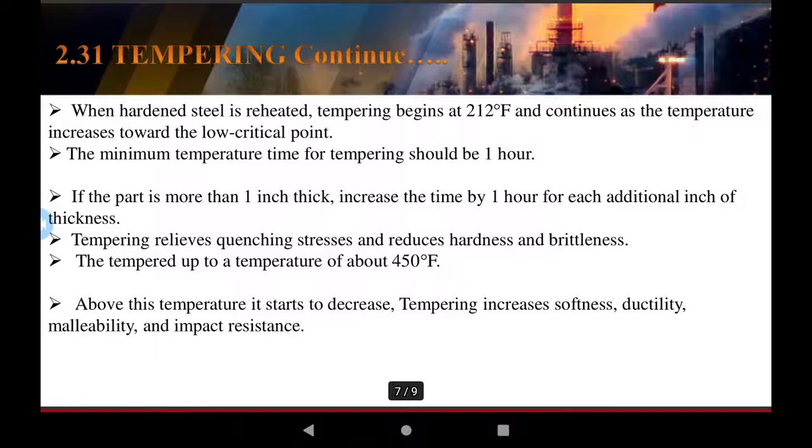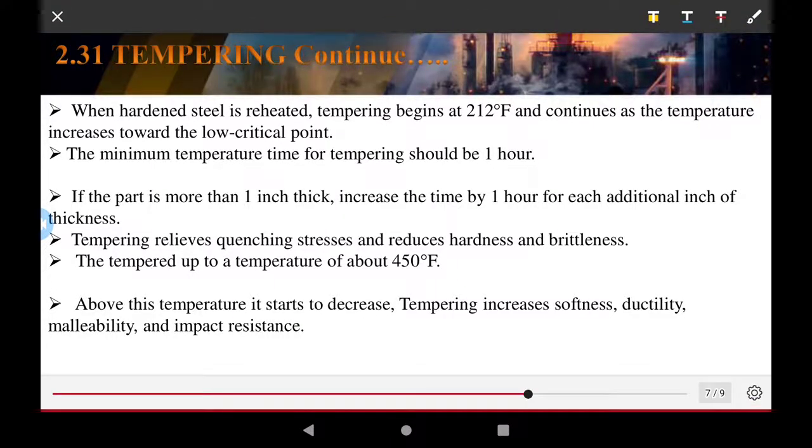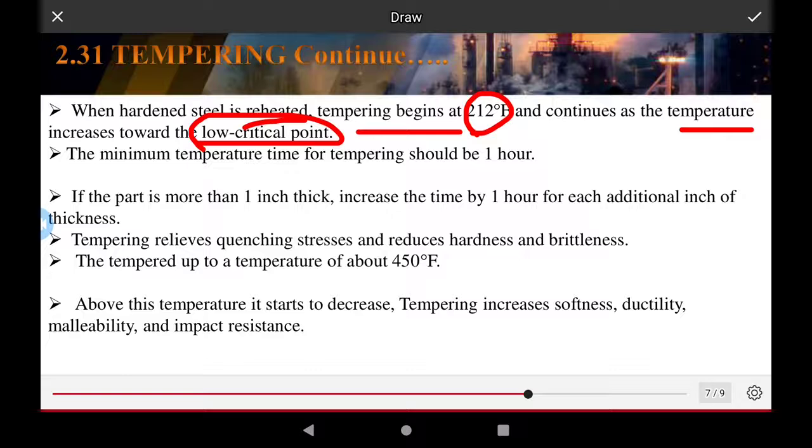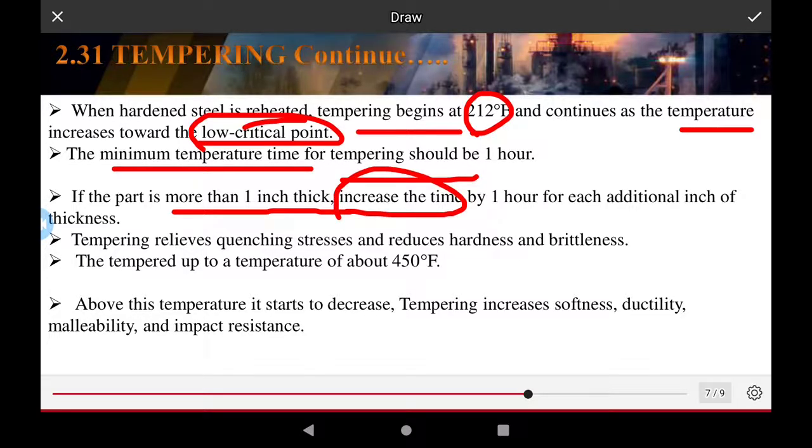Continuing with tempering, which is done when the hardened steel is reheated. Tempering begins at 212 Fahrenheit, and the temperature increases toward the lower critical point. The minimum time at temperature for each tempering should be 1 hour. If the part is more than 1 inch thick, increase the time by 1 hour for each additional inch of thickness.